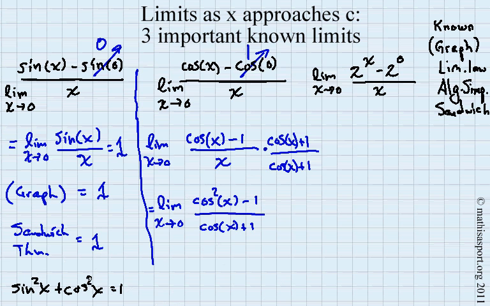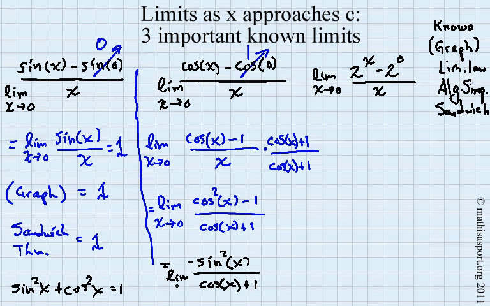So cosine squared minus 1 is negative sine squared of x all over cosine of x plus 1.